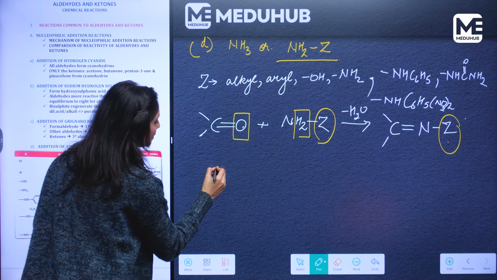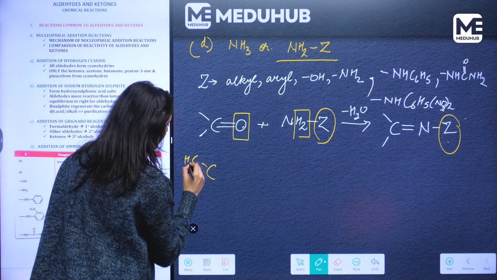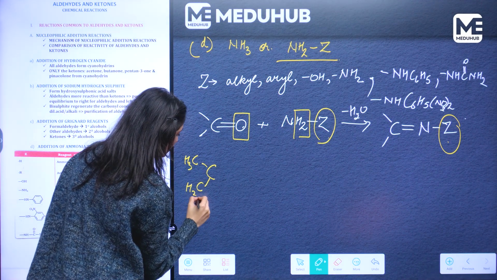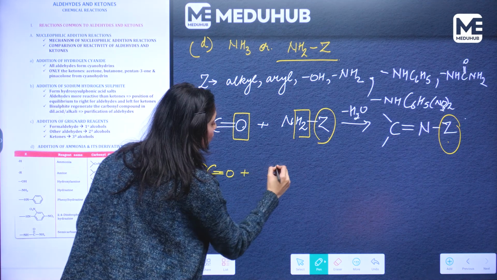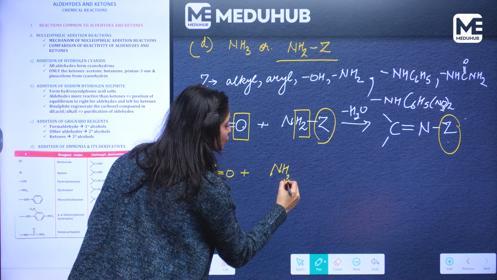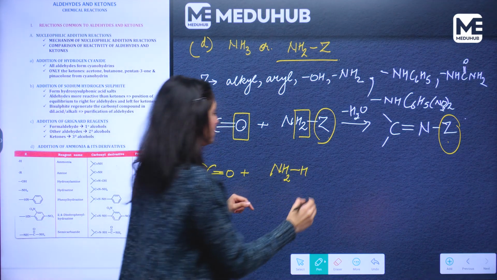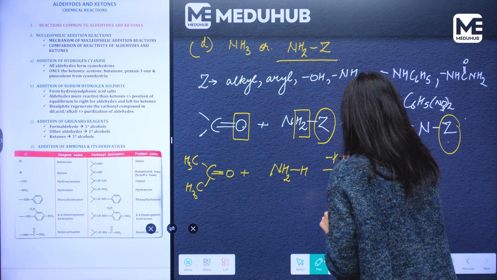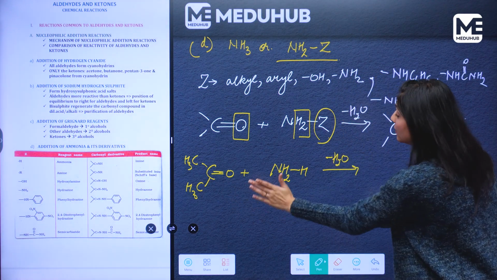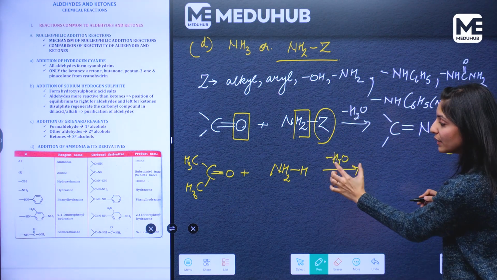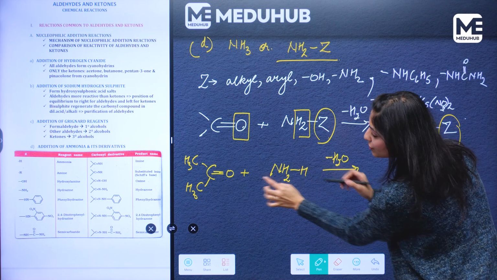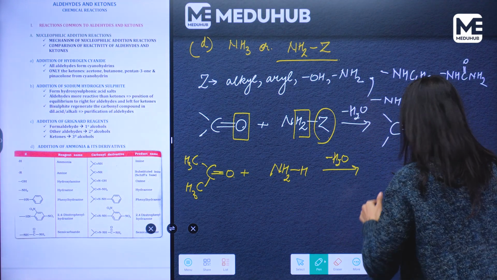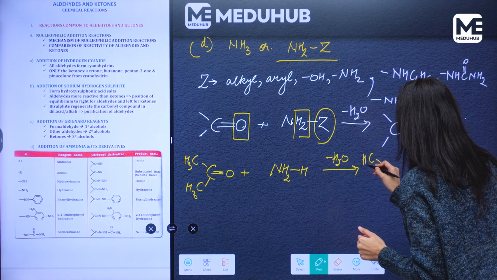So when an aldehyde or a ketone reacts with ammonia, we can write it like this, NH2H. This will react together and a water molecule would be lost. So these 2 hydrogens, this oxygen will go and we will form an imine.